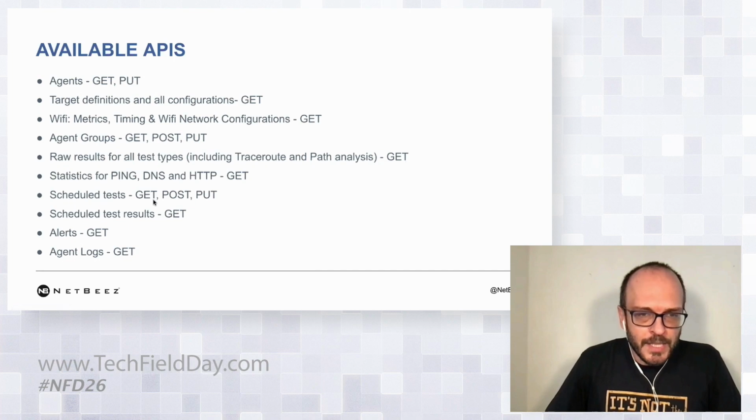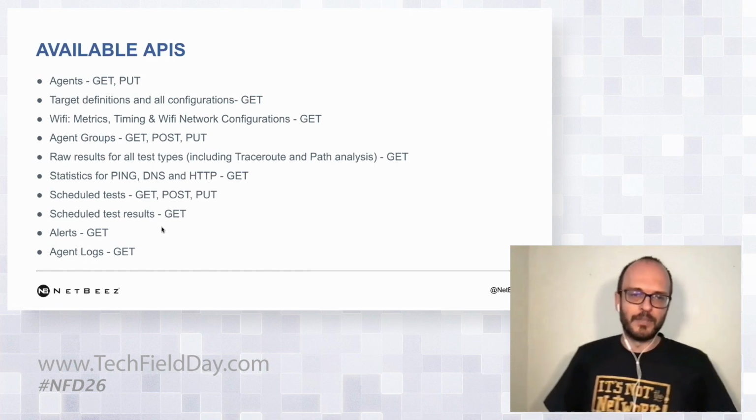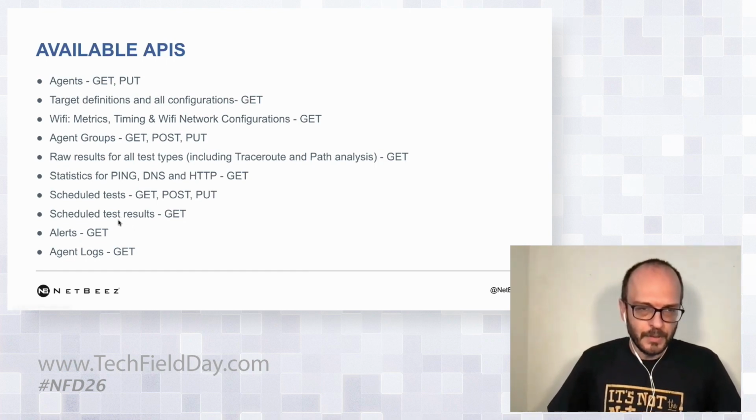On the scheduled test side, you can create new tests as well as update them, and of course get the list of scheduled tests. And for the test results, you can retrieve them for each of the scheduled tests with a list of agents.